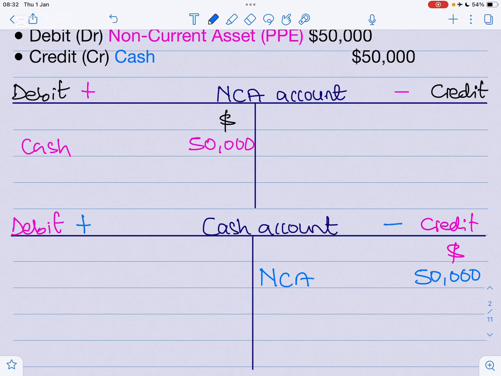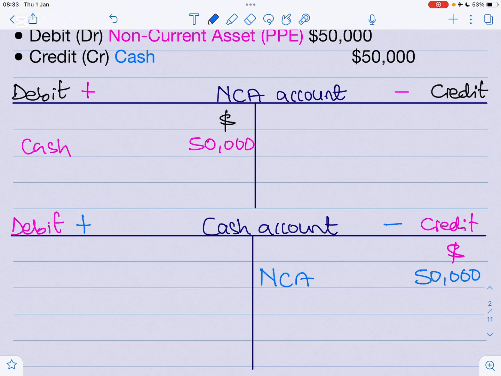So we have recorded in the non-current asset account that an item of non-current assets came in. It's an addition, and that's why it's on the debit side of our non-current asset account. The means of buying it is cash, so we have recorded in the cash account that $50,000 went out of the business account.